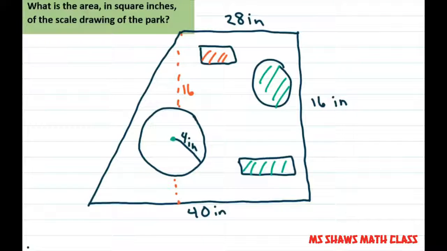And this one right here would be the merry-go-round. So they just want the area. I drew this line down here, and I'm going to add the area of the triangle to the area of the rectangle. The area of the triangle is 1/2 base times height.